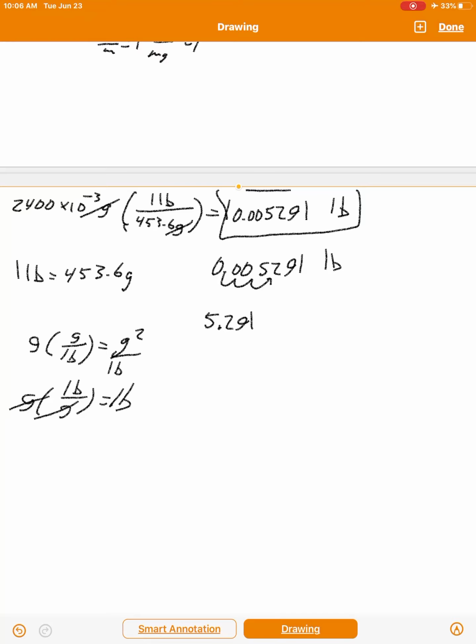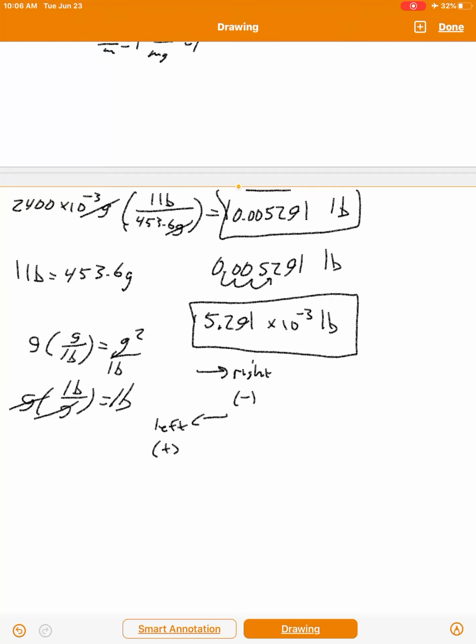But we want a number between 1 and 9. So I had to move it 3. Now here's the idea. If you move it to the right, the exponent becomes negative. If you move it to the left, the exponent becomes positive. We moved it to the right, so that means it's minus 3. And there's your answer. 5.291 times 10 to the minus 3 pounds.